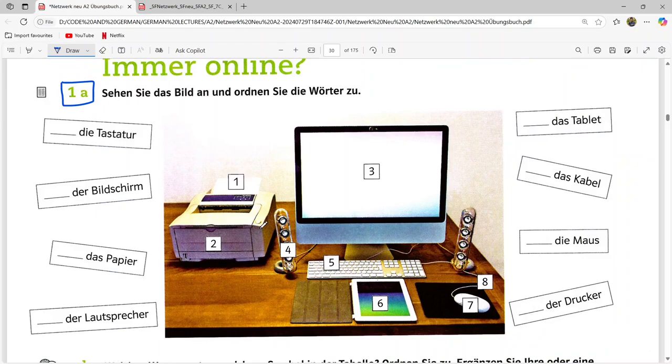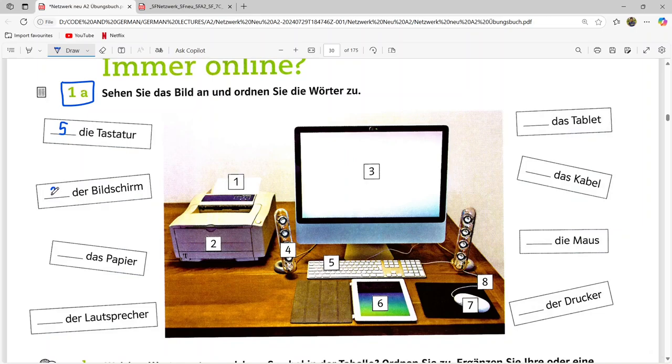So if you see the picture, every component is numbered. So we have to match this number with this one. First one, die Tastatur. Tastatur is keyboard. Keyboard is number 5, so we write here 5. Der Bildschirm. Der Bildschirm is monitor.